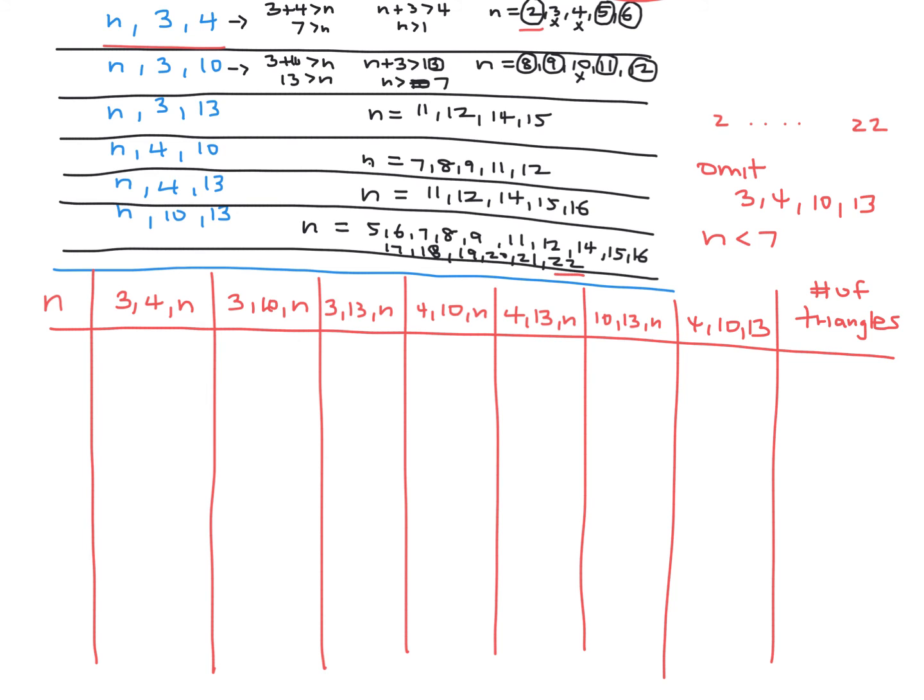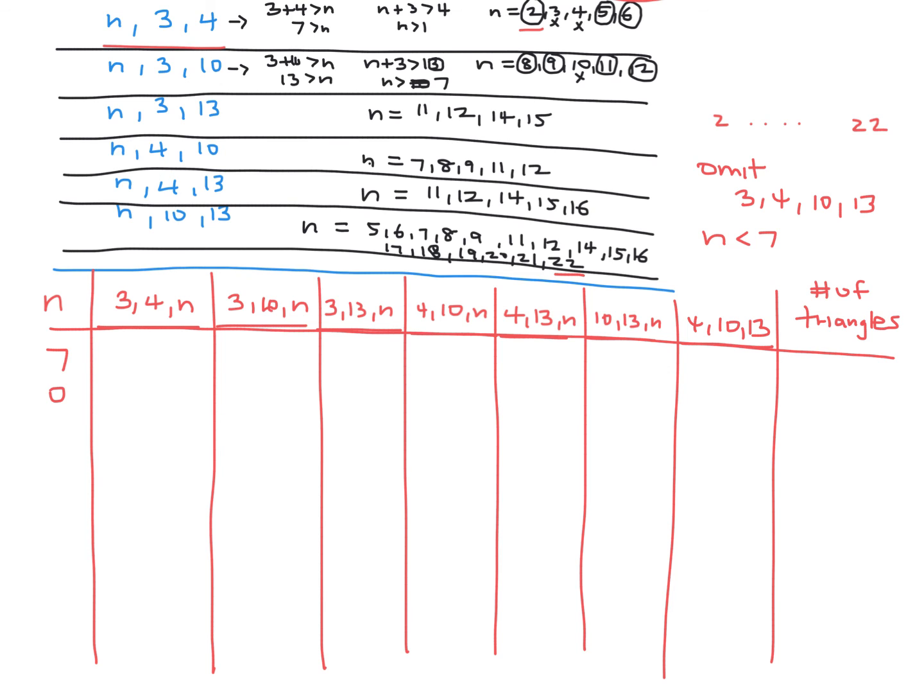For example, if n was 2 and you substituted that into these, you would never be able to get 4 of them to satisfy the triangle inequality, and similarly for any other value less than 7. So 7 is the first time that you can get at least 3 to satisfy the triangle inequality.